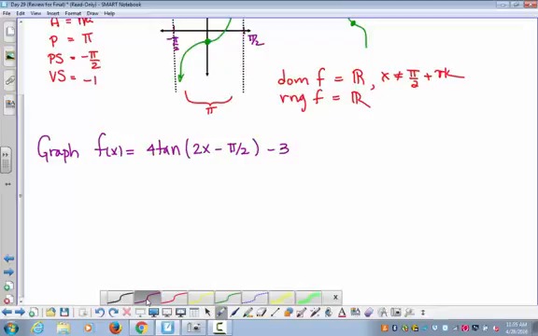Factor out the 2 properly. Double check that you know how to factor out 2.